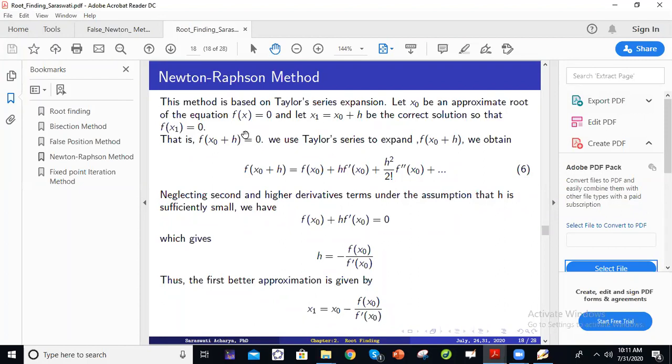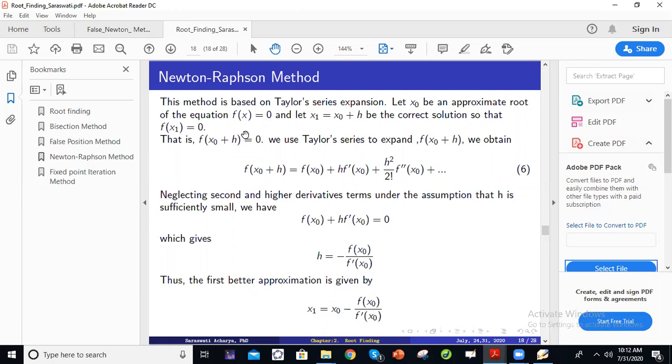Let's say x1 equals to x0 plus h, some increment from initial case or initial root. x1 equals to x0 plus h be the correct solution, so that if x1 is the correct solution, त्यसलाई function मा लगेर राख्दा f of x1 equals to 0.